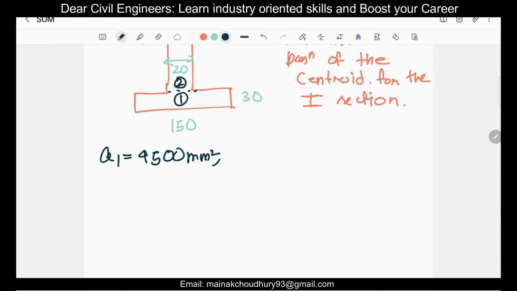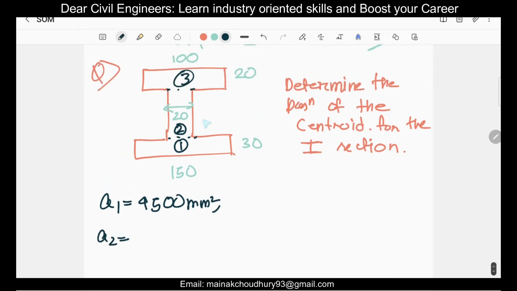Then A2 is equal to here 20 into, okay, I think we have missed a dimension which is given in the question. This dimension is 250, given in the question.